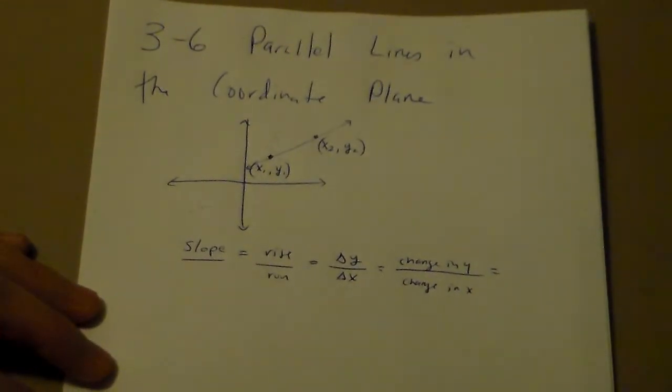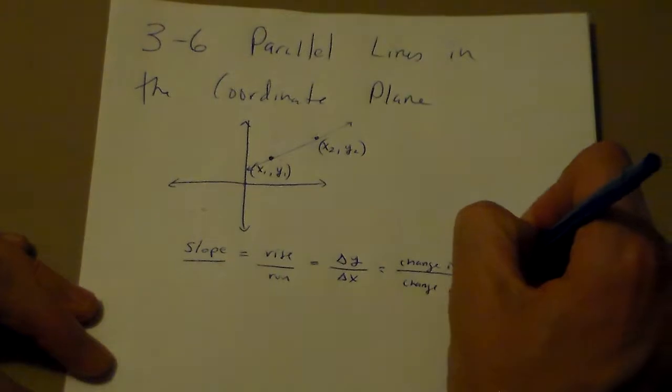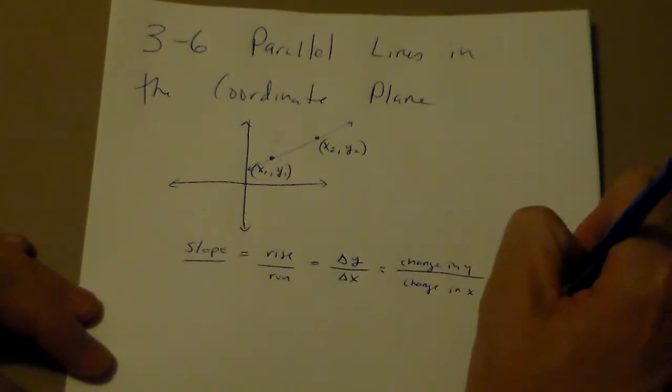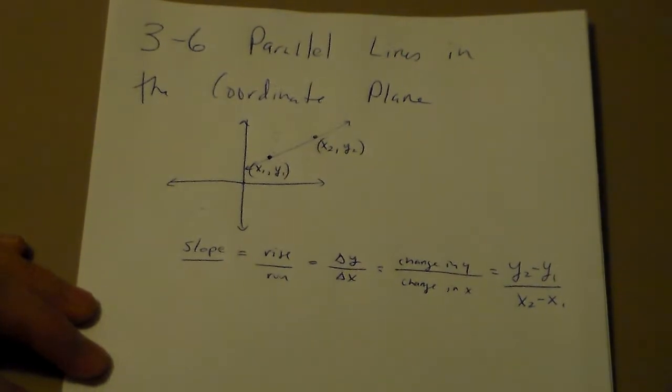But the formula that you probably know and will see most often, that we'll use the most, is y2 minus y1 over x2 minus x1. So you take the difference of your y's, that goes in your numerator. You take the difference of your x's, that goes in your denominator.